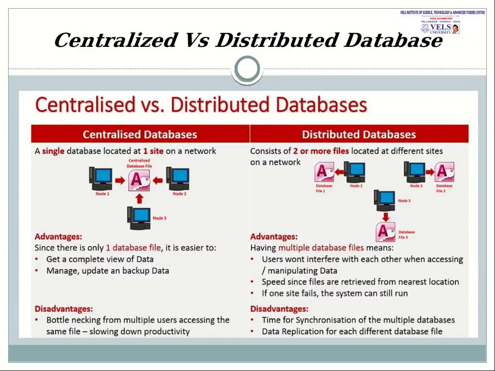Speed is increased since files are retrieved from the nearest location. And if one site fails, the system can still run on other sites. The disadvantages of distributed databases are that the time for synchronization of the multiple databases and data replication for each database file is more complicated compared to a centralized database.